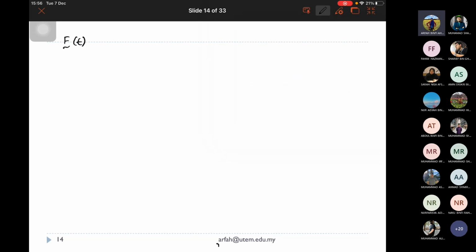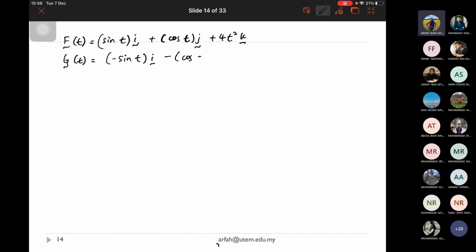Vector f adalah sama dengan sin t i tambah dengan cos t j tambah dengan 4t squared k. Dan vektor g(t) akan sama dengan negatif sin t i minus cos t j tambah dengan k.